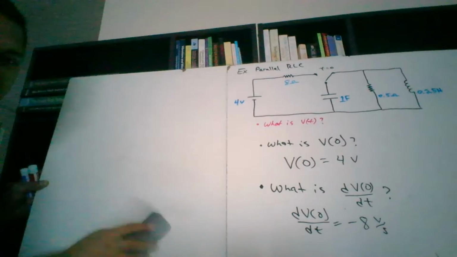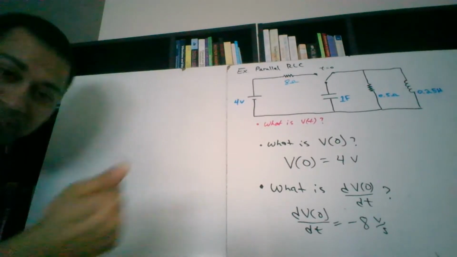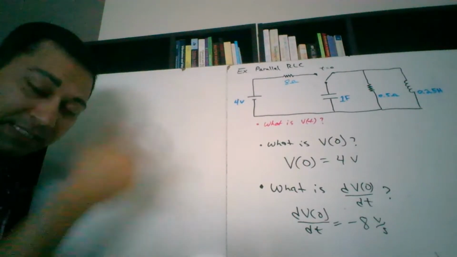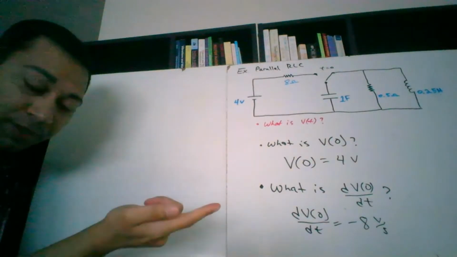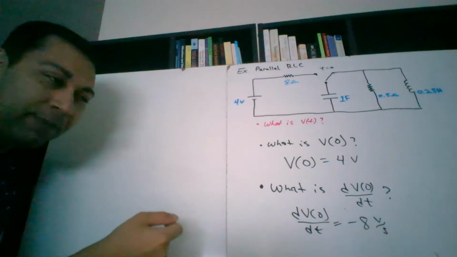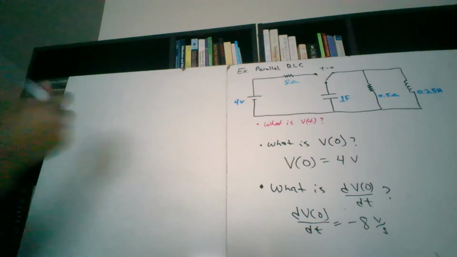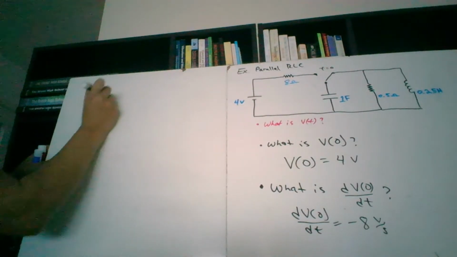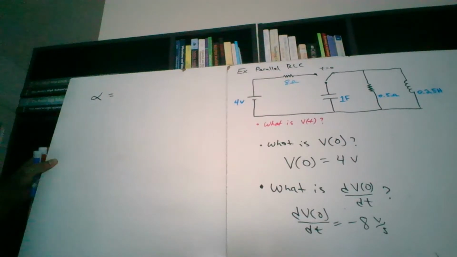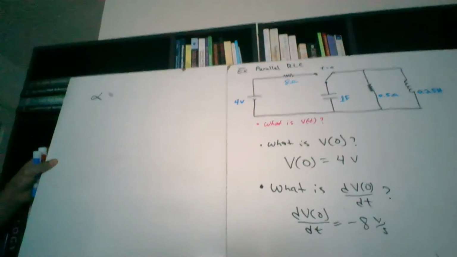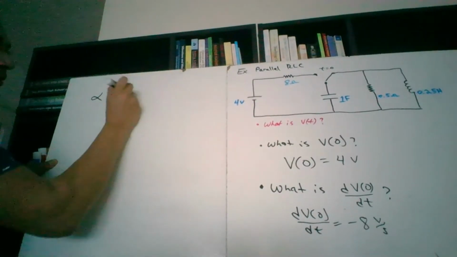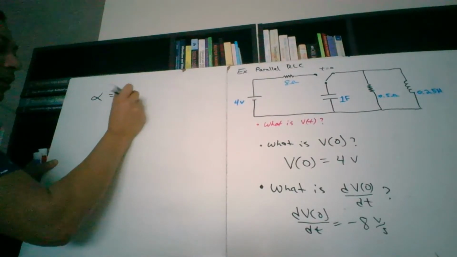The other things that we need to know are going to be our natural frequency and our Neper frequency, or the damping factor. And so alpha, which is equal to the Neper frequency, is given by 1 over 2 times RC.